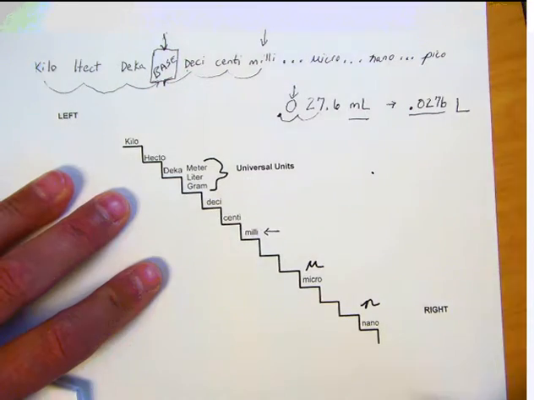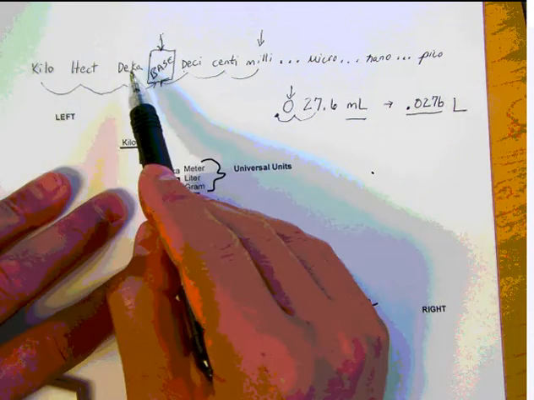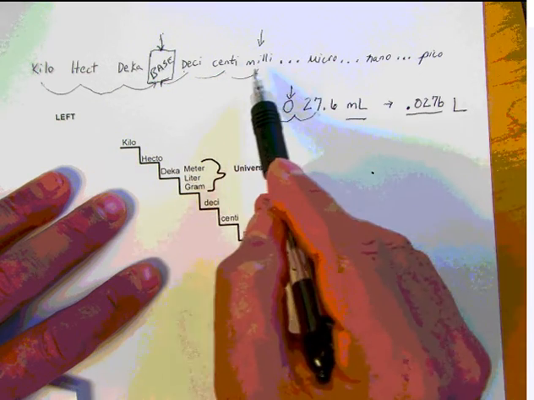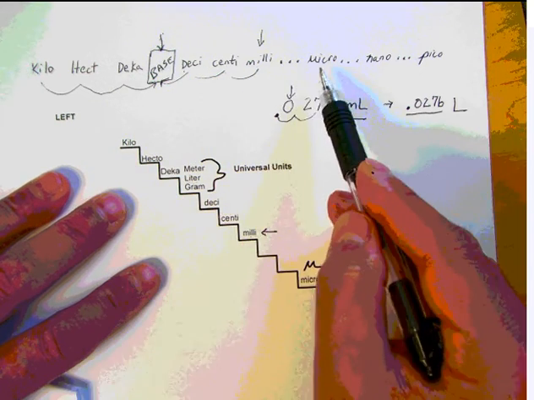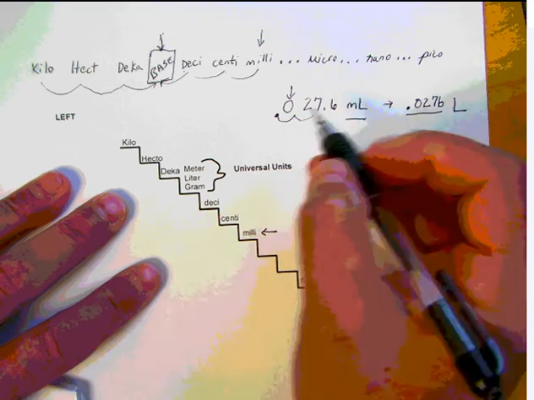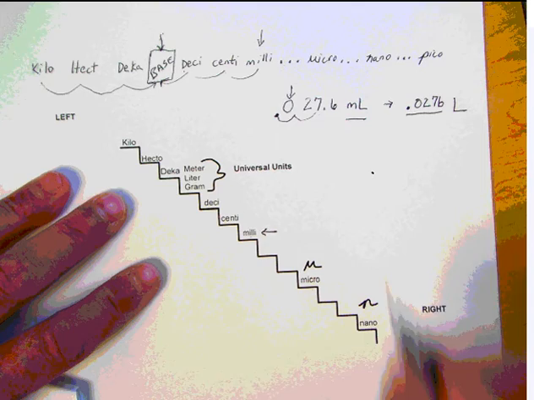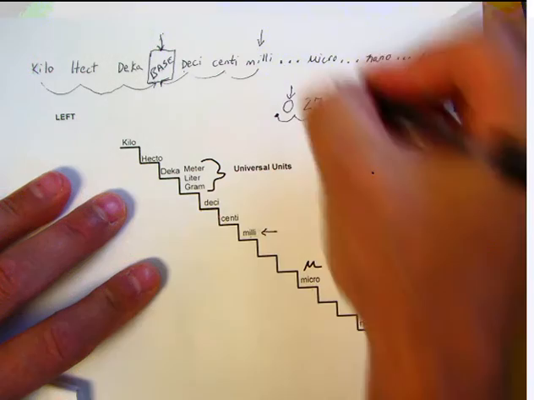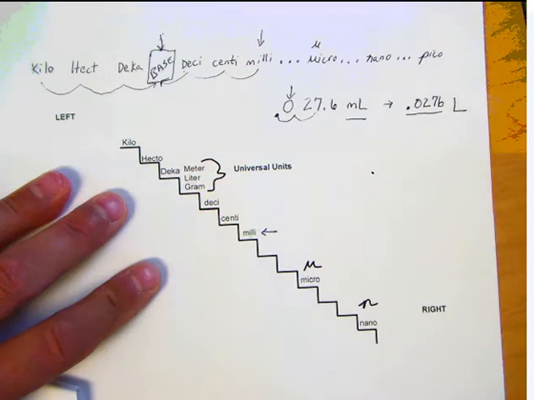There are 3 from the base unit to milli, and I use the method, King Henry dated my dear cousin Mary unexpectedly. All right, and unexpectedly is the micro unit. It is a cursive U.